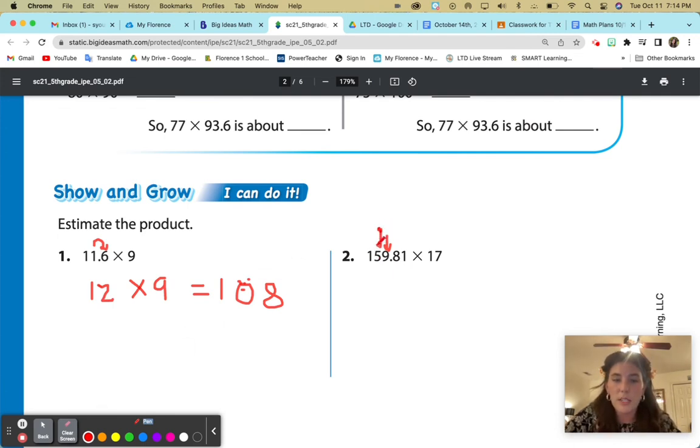If I look at the neighbor on the right, this 9 would tell that neighbor 5, hey, I'm 5 and above. You need to jump up 1. So that means that this really rounds to 160 times 17. Now, all I'd have to do is stack those two factors on top of each other and do my standard algorithm of multiplying, and I would get my estimated product.